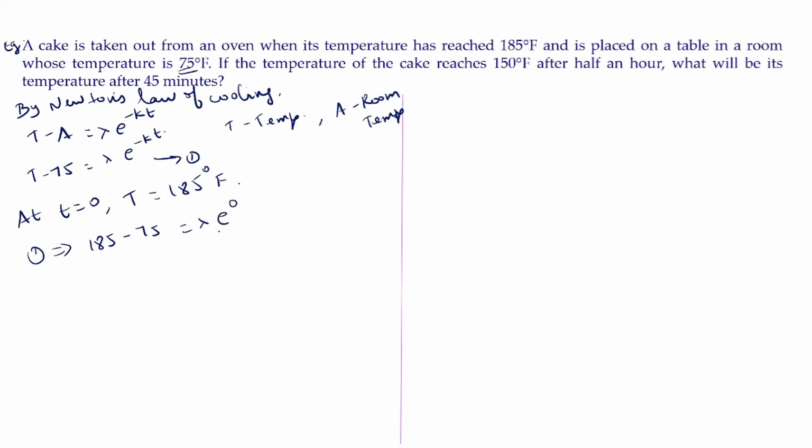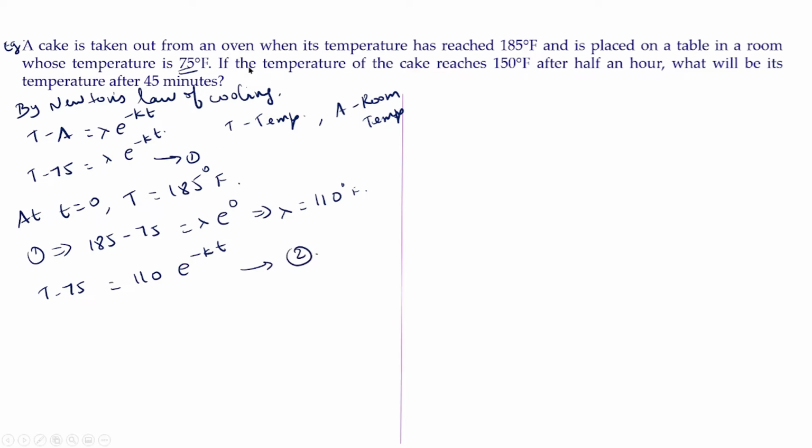So it is e raised to 0. From this we get lambda equal to 110 degrees Fahrenheit. So the first equation becomes T minus 75 equal to 110 into e raised to minus kt. Let us mark this as equation 2.